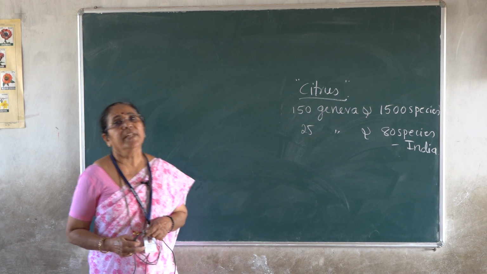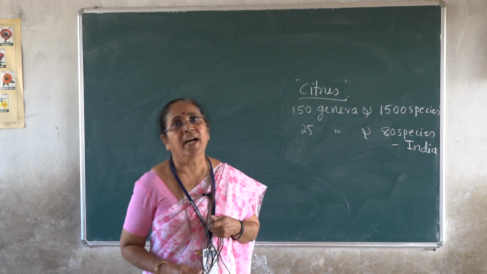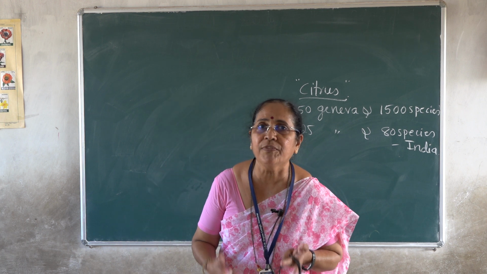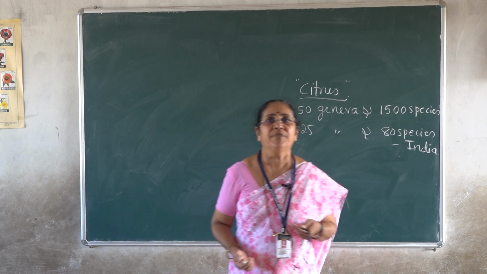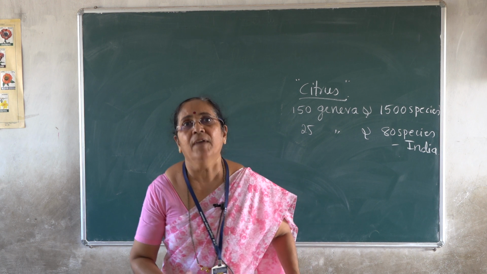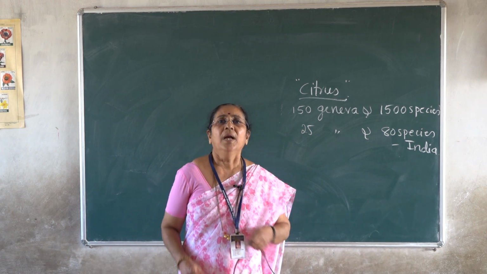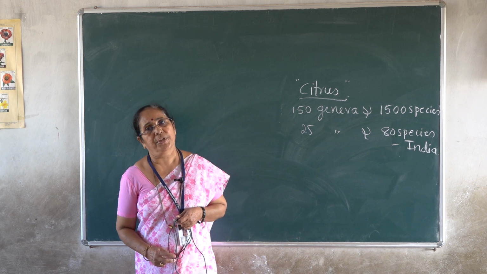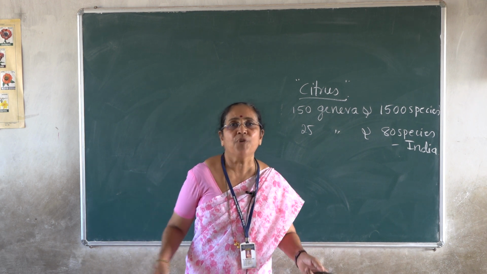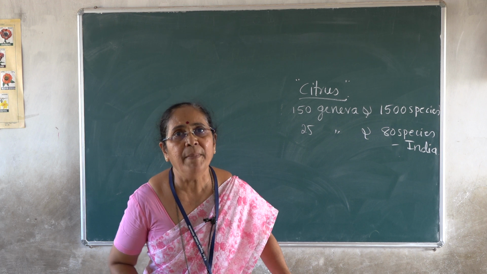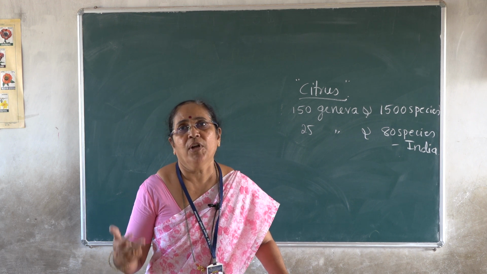Apart from that, Murraya koenigii, that is curry leaf, is one of the common plants which belongs to this family because it is there in our everyday life. Curry leaf, Murraya is the name of the plant. And Bael, Aegle marmelos, the bael tree, is also an example for the family, and these are some of the common examples.